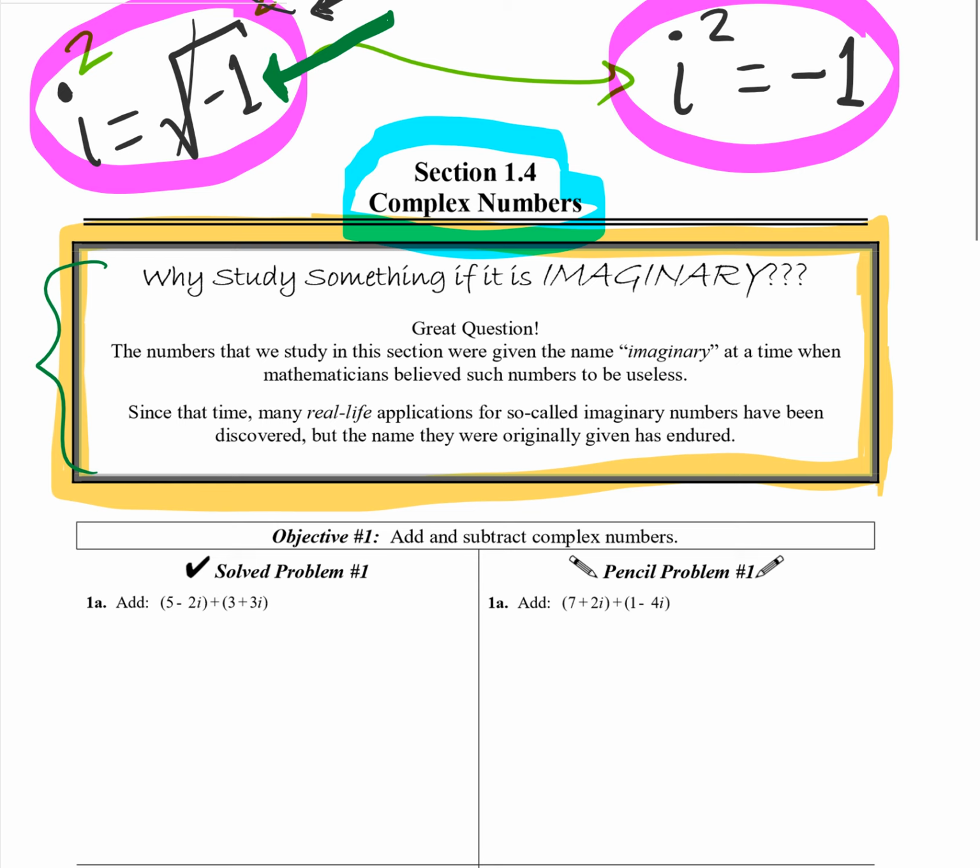It says the numbers that we study in this section were given the name imaginary, but that was a long time ago. A lot of math was, someone came up with it a long, long time ago. But when they came up with this, they had no idea that there were actual uses in real life for imaginary numbers. So the name still kind of makes sense, but the imaginary numbers actually help.